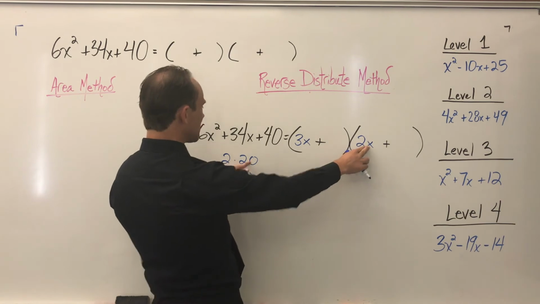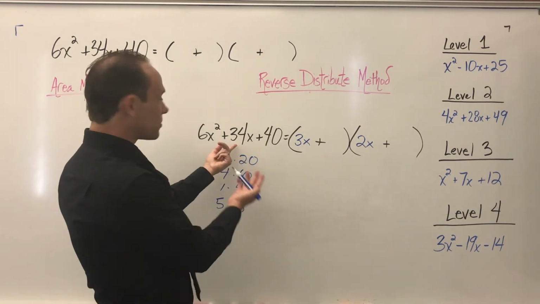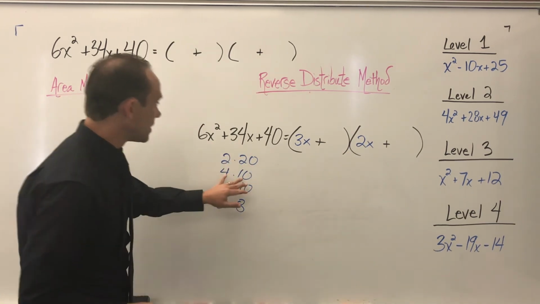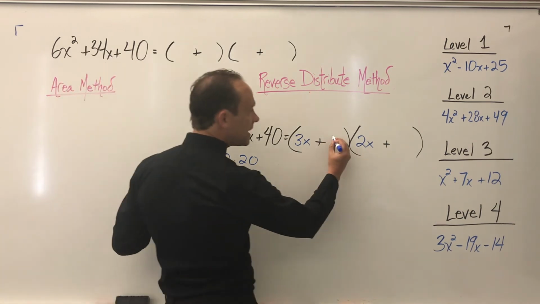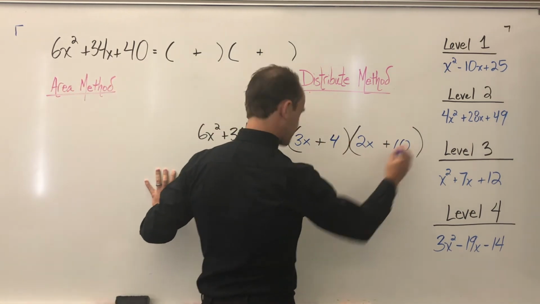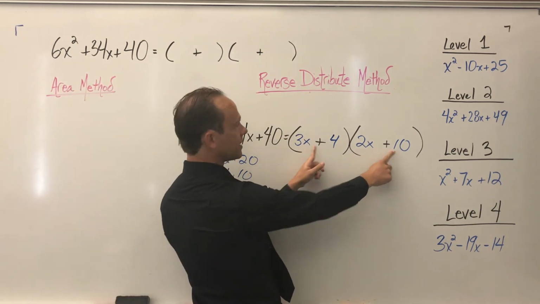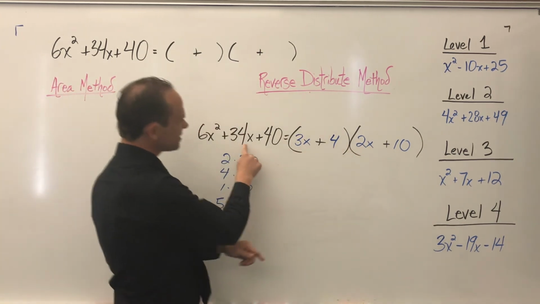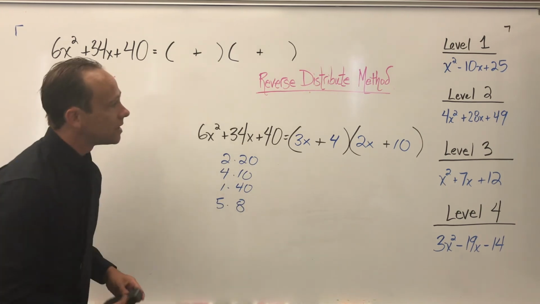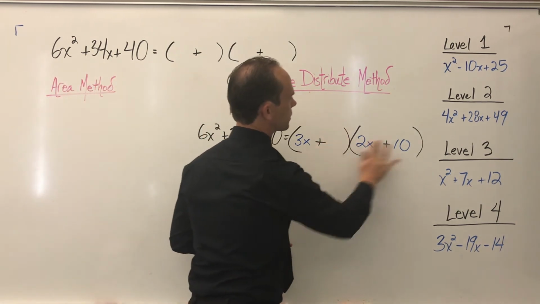You might get 2 times 20, which is 40. It's already bigger than 34. Might be 4 times 10, right? It's possible. If I did a real quick check, I would say 30 and 8. 38. Oh, not 34. Okay, so that didn't work for me.